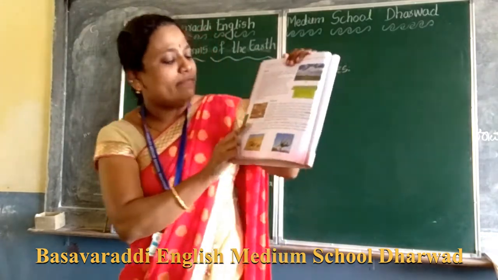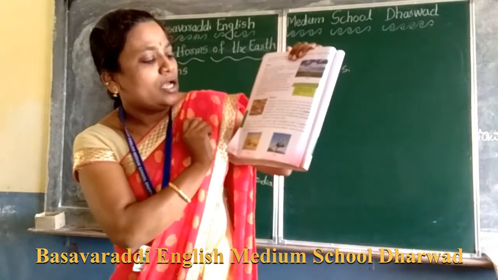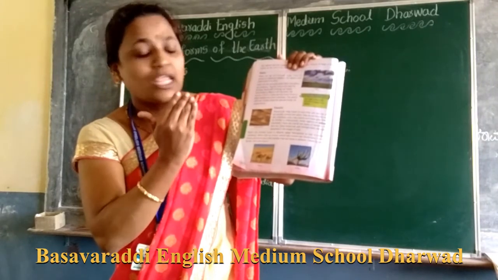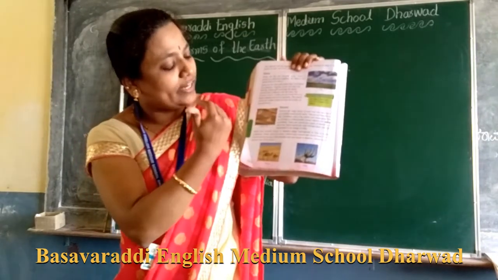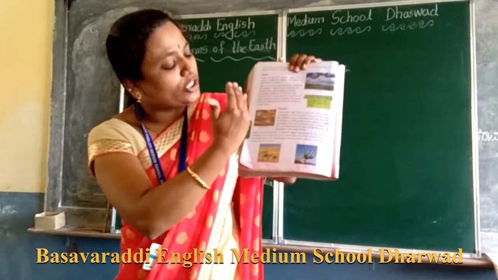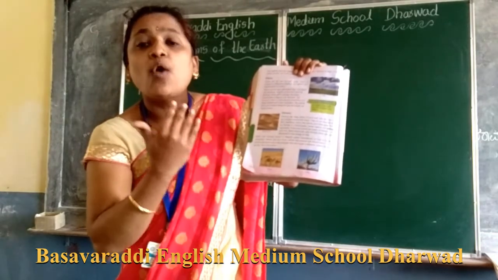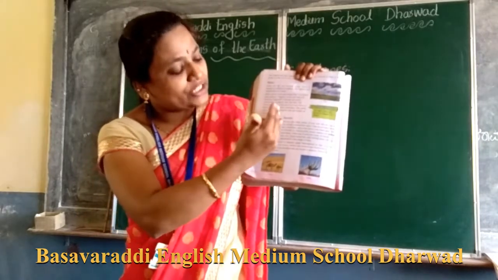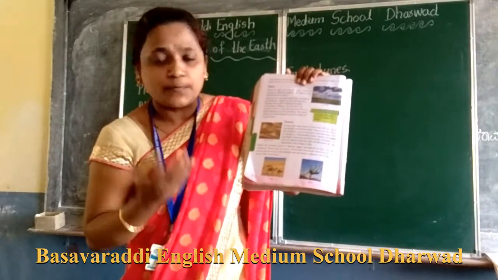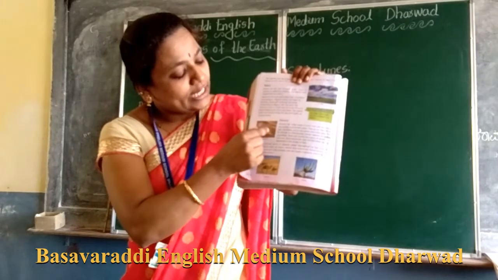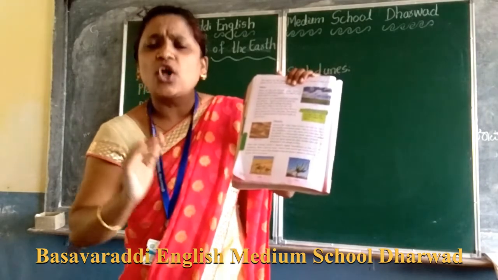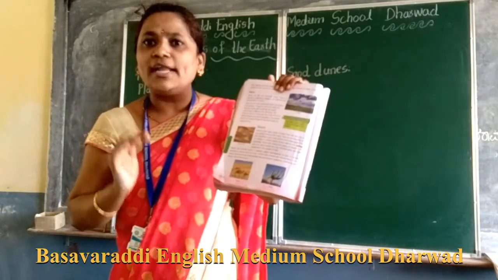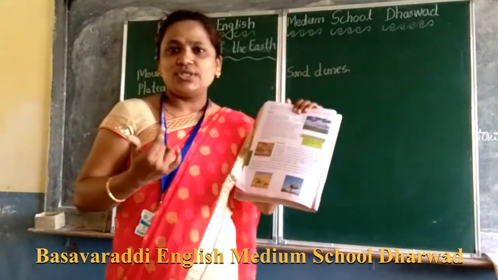For example, I will tell you one thing. See here, the strong winds flow from one direction to another direction, carrying the sand. It forms sand dunes or small sand hills. That is called sand dunes.